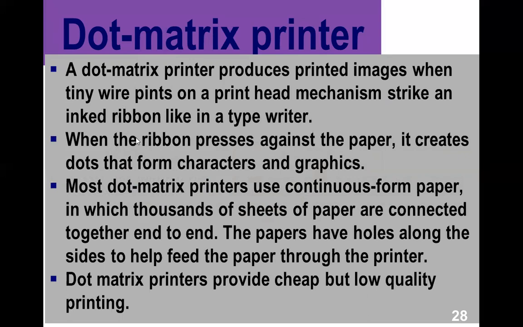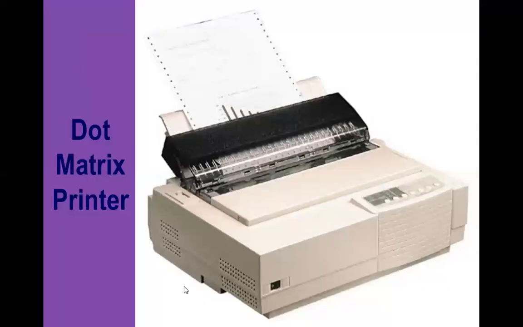When the ribbon passes against the paper, it creates dots and forms characters and graphics. Most dot matrix printers use continuous form paper in which thousands of sheets are connected together end to end. The paper has holes along the sides to help feed it through the printer. Dot matrix printers provide cheap but low quality printing.